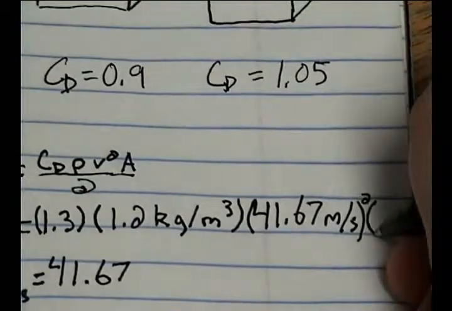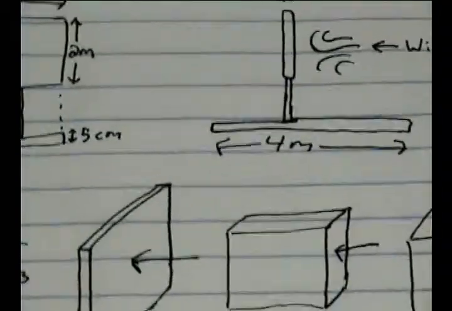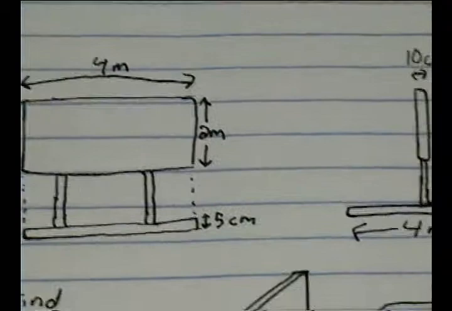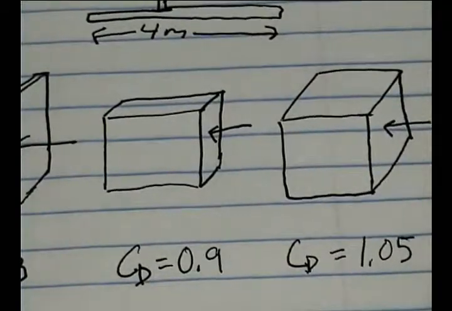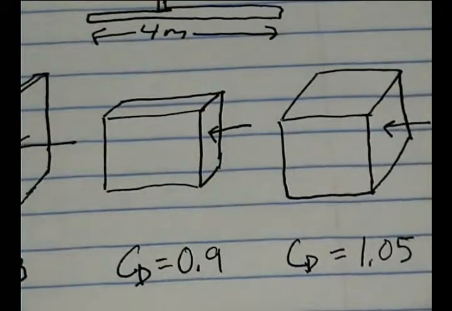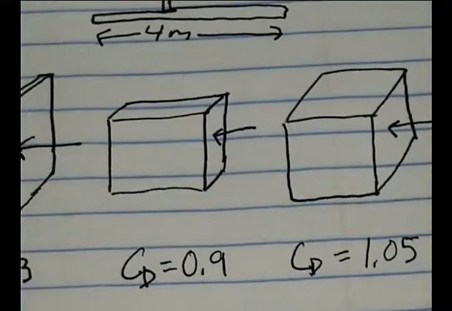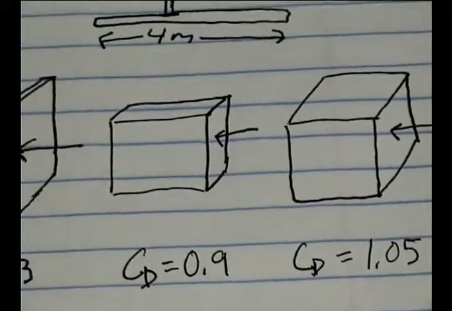And then the area will just be, since we're taking the face, it's going to be 4 times 2 meters. So 8 meters squared. And then you divide that by 2.